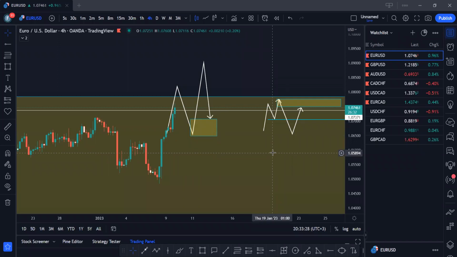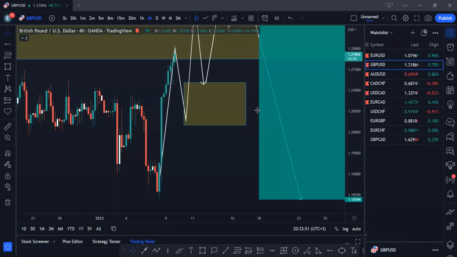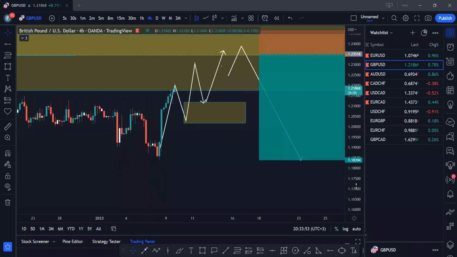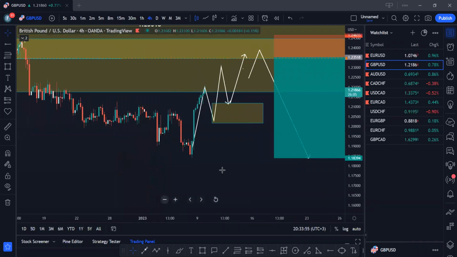Okay, but because I think this period, I'm seeing a lot of similarities, or let's say correlation, between the Euro dollar and the GBP dollar. So check out what we are waiting for on GBP USD, for example.